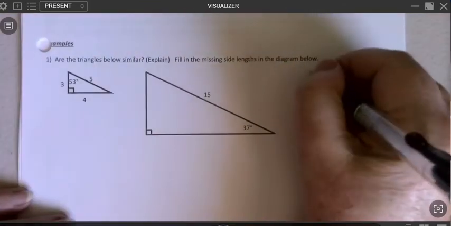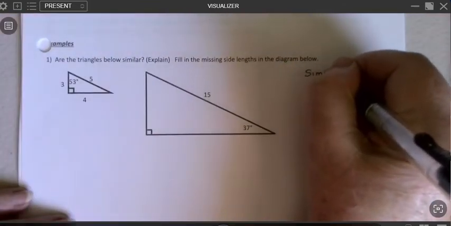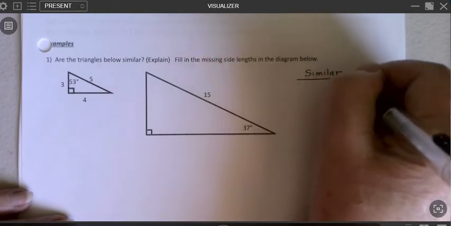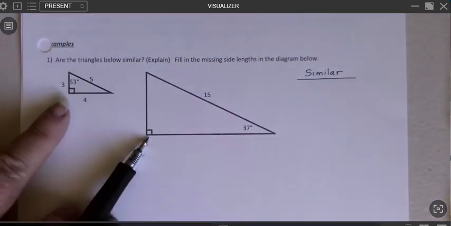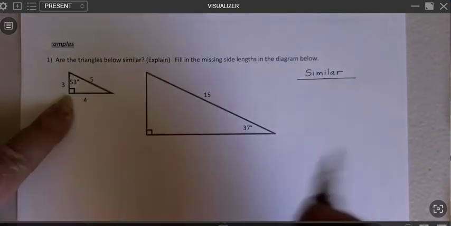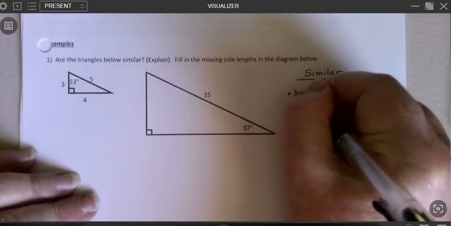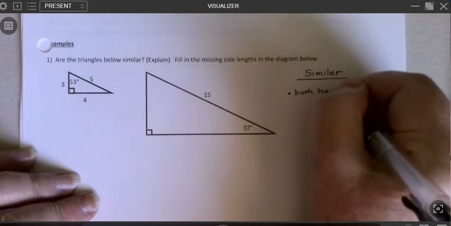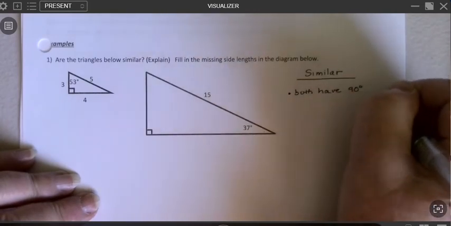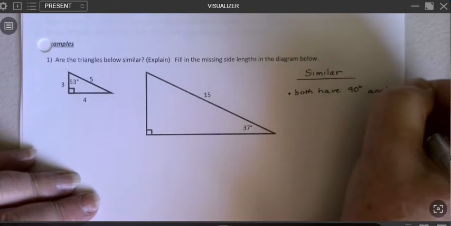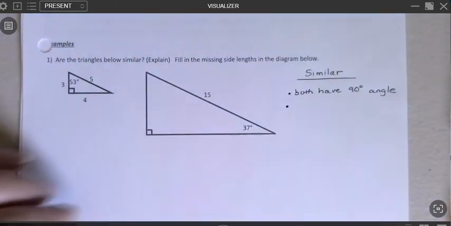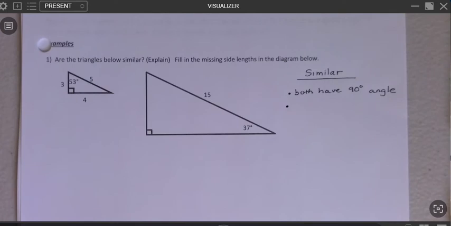So in terms of being similar, I'm going to start by noticing that that little square in the corner means that those are right angles or 90-degree angles. So yes, they both have a 90-degree angle. And then I have to show that the other angles are equal as well. To do that, I'm just going to use the fact that the sum of the angles in a triangle is 180 degrees.